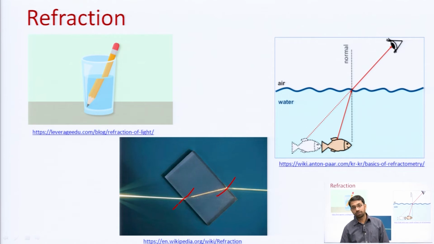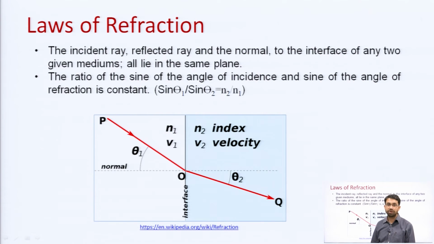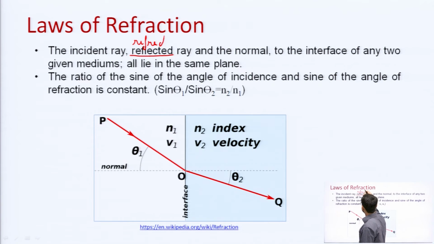There are also two laws of refraction. The incident ray, the refracted ray, and the normal to the interface of any two given mediums all lie in the same plane.